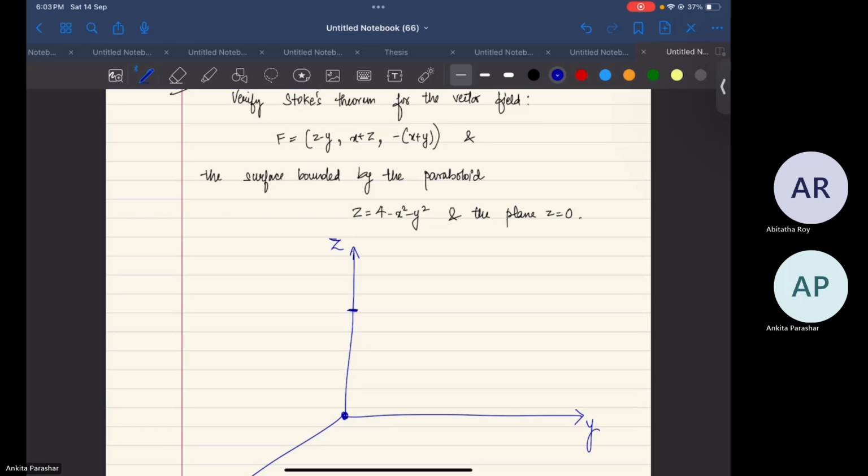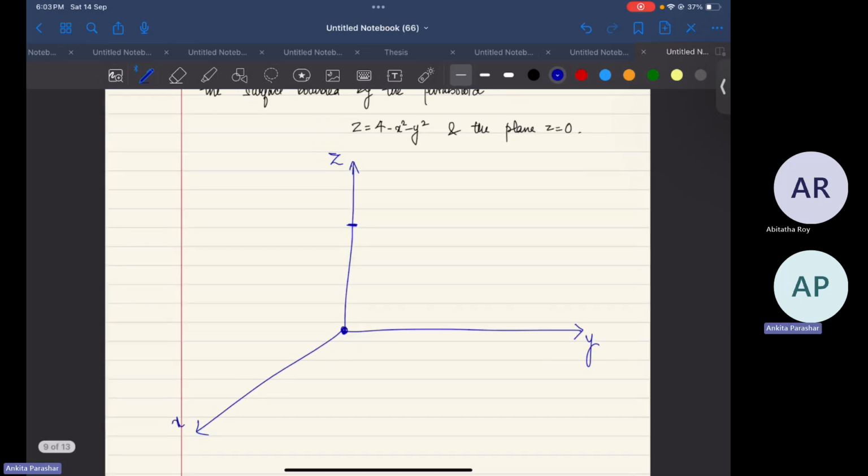So another way is to just project. x square and y square are by themselves positive anyway. So when we put a negative sign in front of them, they will be negative in total. As a result, they reduce the value of z as they increase.